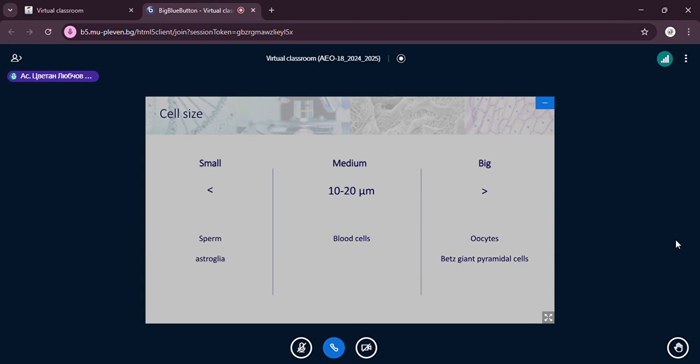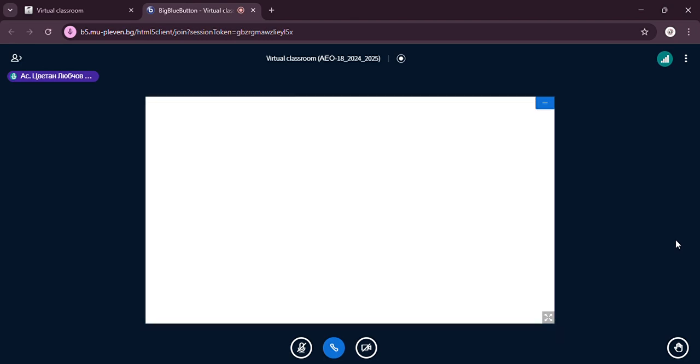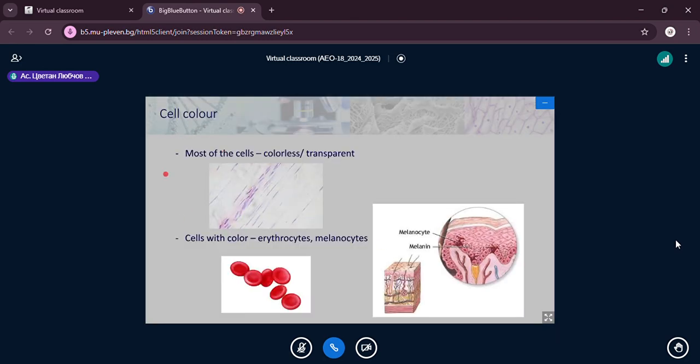Now we need to talk a little bit about the cell color. As I said before, most of the cells have no color, guys. So this is, for example, a slide which is just recently cut. It's not stained yet. So what do you see here? I personally see these blue lines.